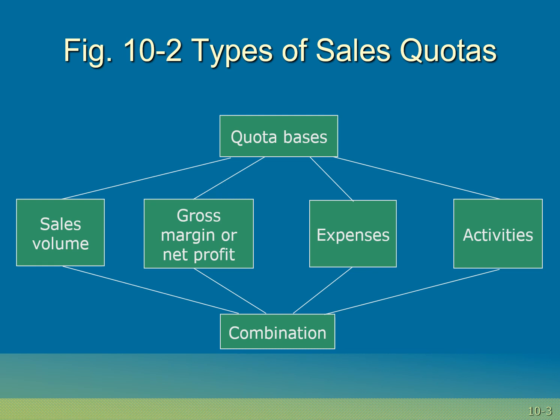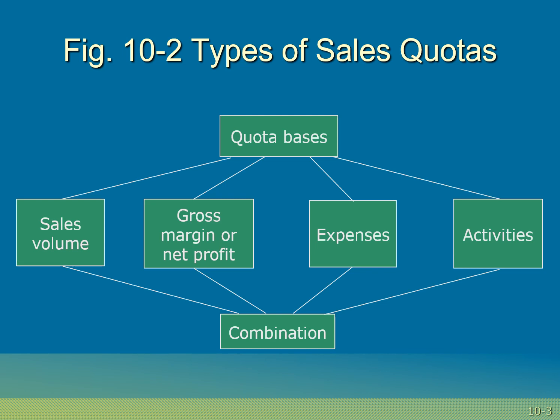And finally, you can use activities. How many telephone calls made? How many sales calls made? How many visits to the customers? How many post-contract customer service activities performed? You can look at how many hours spent in the field, etc. All these activities can be the base of your sales quotas.